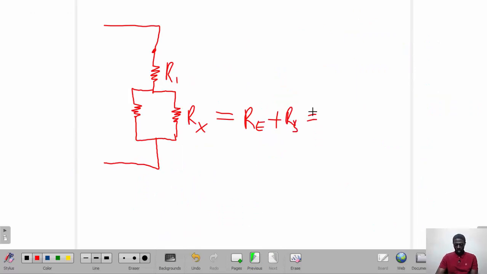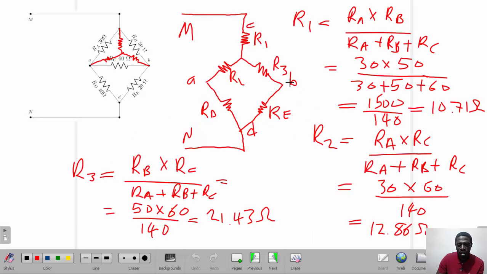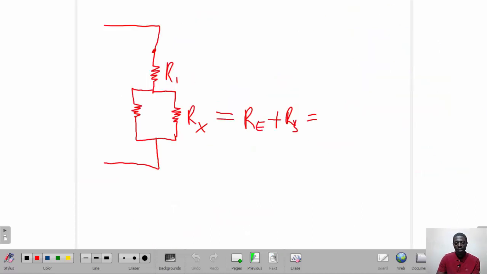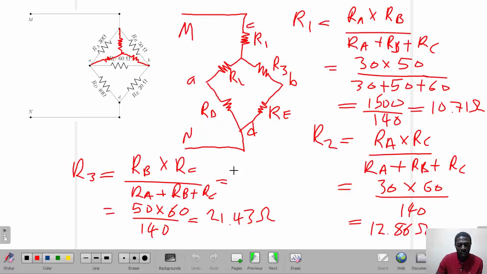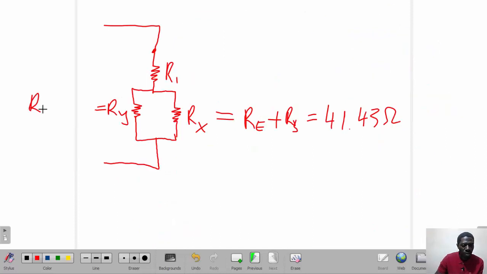So this gives us, if you add, R3, which is 21.43, and RE is 20. This implies that we have 41.43 ohms. And on this side, if we take this as RY, it is equal to R2 plus RD.